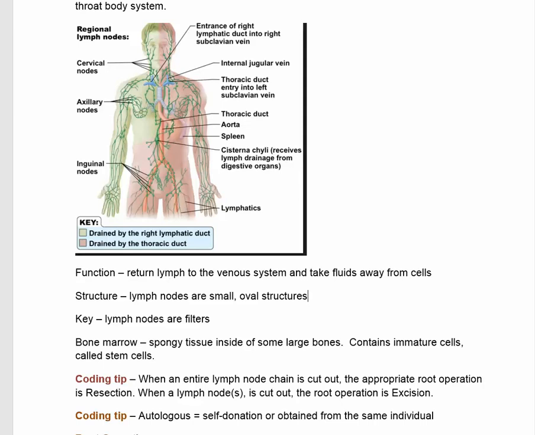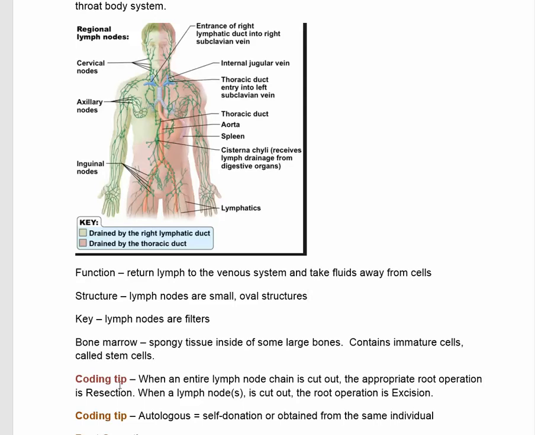In terms of a coding tip in your textbook, they talk about the difference between the excision or the removal of a lymph node chain and a lymph node or nodes. So for example, if a patient is having a lymph node biopsy, even if it's multiple lymph nodes, the root operation would be excision, because typically they're checking to see if the patient has cancer or the cancer has spread, or they're looking for Hodgkin's lymphoma, which is a type of cancer.